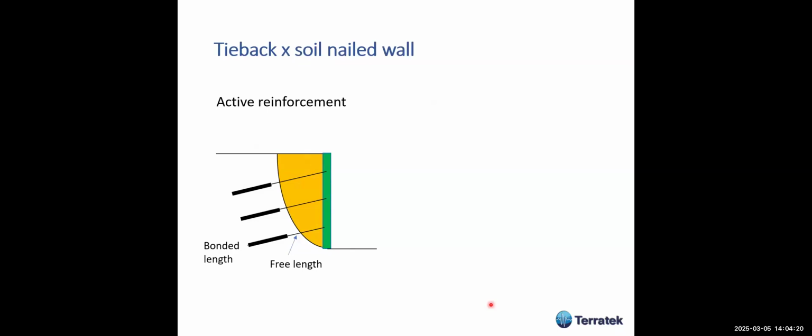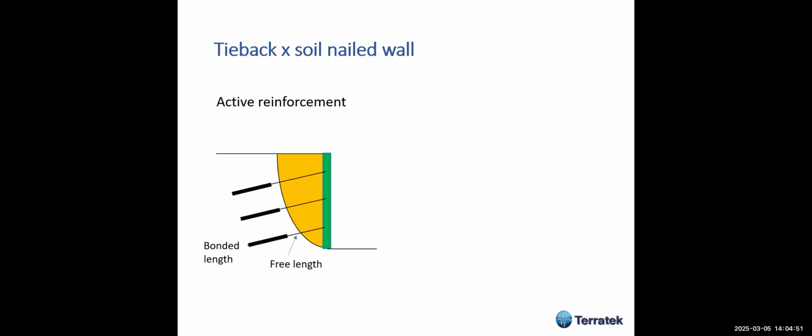What we're going to discuss today is tieback walls and soil nailing. What's the difference between tieback walls and soil nail wall? The tieback wall is an active reinforcement in which all the tiebacks, or the ground anchors, are pre-stressed to a particular value, the working load.